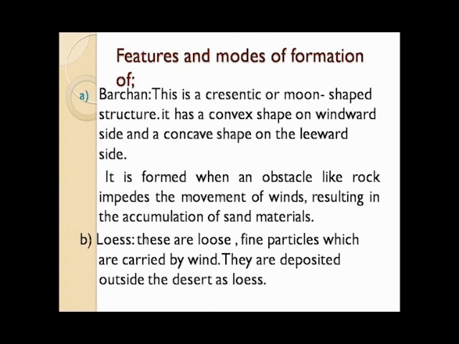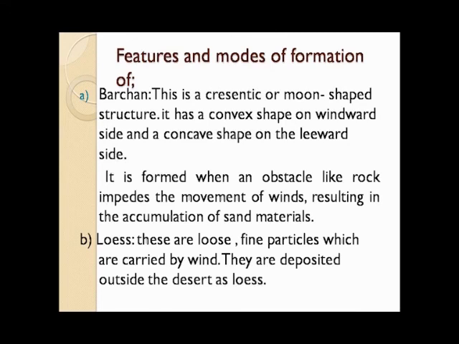And it's usually formed when there is an obstacle like rock which impedes the movement of wind, resulting in the accumulation of sand materials. Now, if we have such an obstacle like a rock which tries to prevent the free movement of wind, the particles carried by this wind, when they meet this obstacle, tend to fall to the ground and gradually accumulate. And as a result of this, they give rise to what we call the barchan feature.